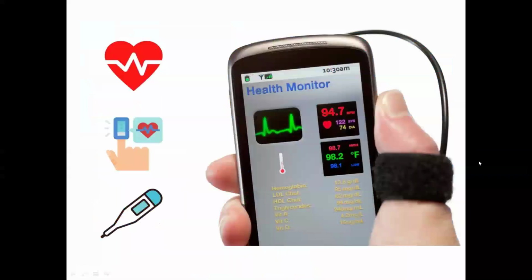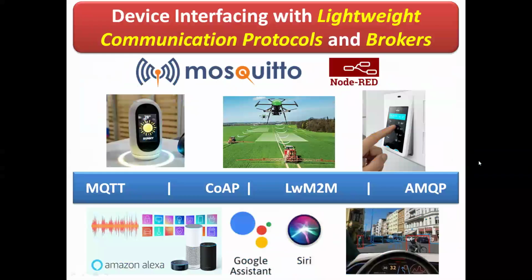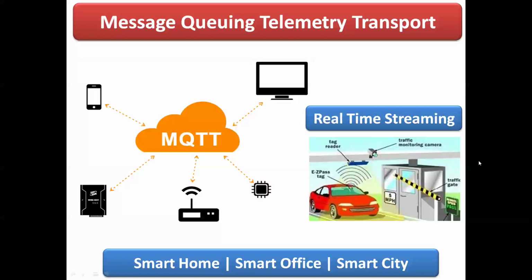So, for example, this type of scenario, a health monitor. We will see which specific software suite, and if we are doing research in this area, which free and open source utilities are available.